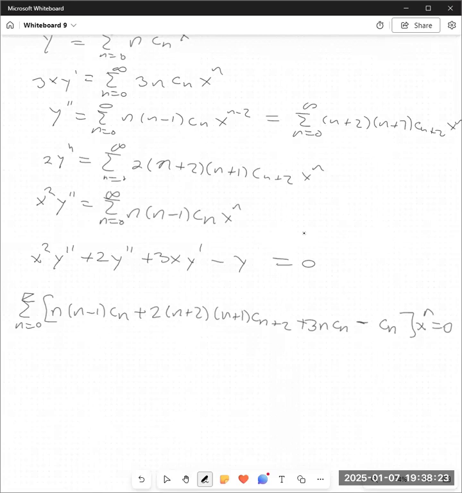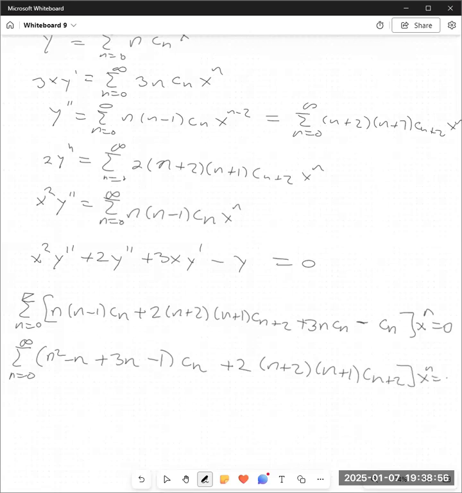So let's look at the pieces that we have that are alike. We have c_n, we have c_(n+2), we have c_n and we have c_n. So let's try and get all those c_n's together. n squared minus n plus 3n minus 1 c_n plus 2 times n plus 2 times n plus 1 c_(n+2) x to the n equals 0.